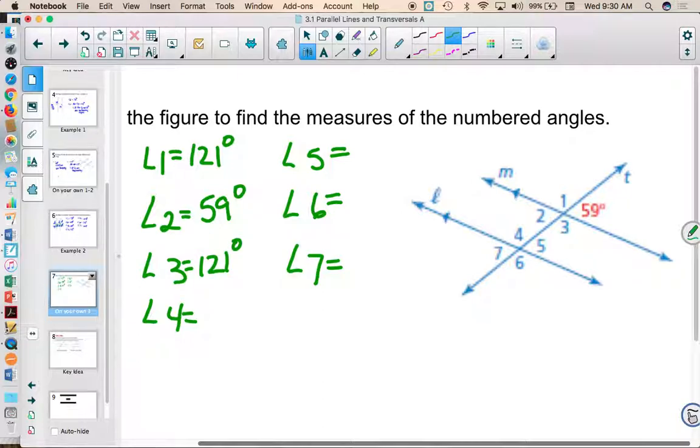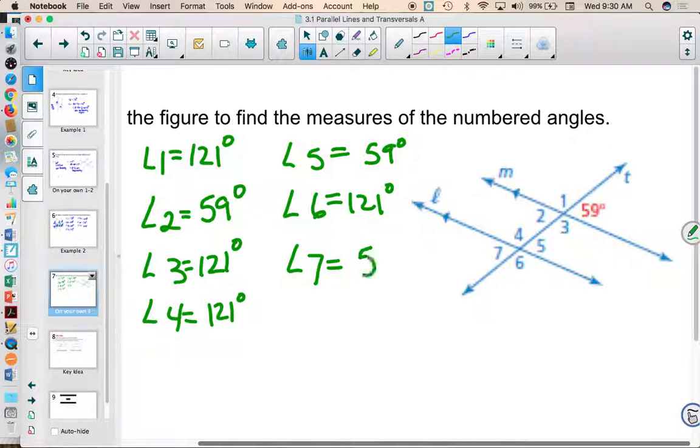Angle 4, Grace? Good. 121. Angle 5, Olivia? 59. Angle 6, Annie? 121. And finally, angle 7? 59.